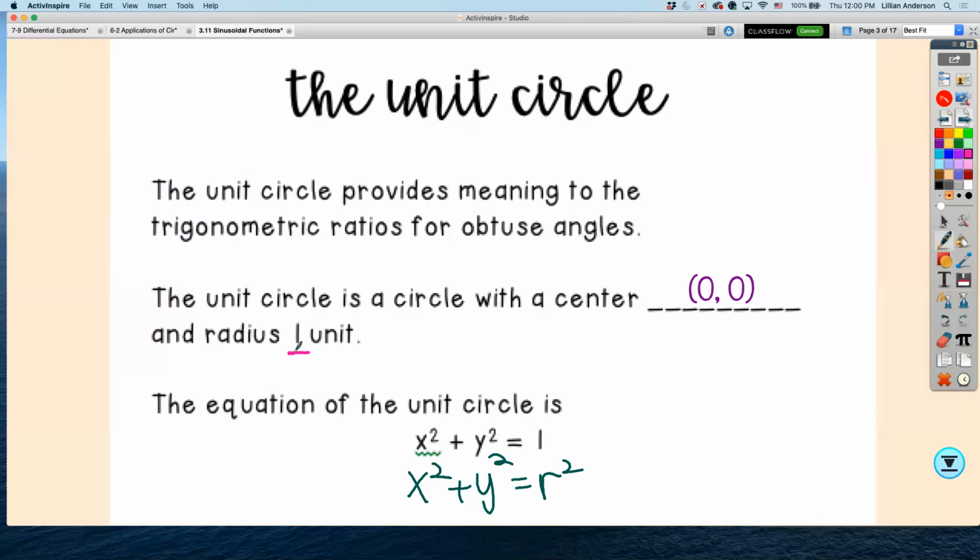The reason why it's this particular equation is because what you see in the green is the equation of any circle that has a center at 0, 0: x squared plus y squared is equal to r squared. But because our unit circle has a radius of 1 unit, we can plug 1 in for r, square it, and that's how we get this equation for the unit circle.